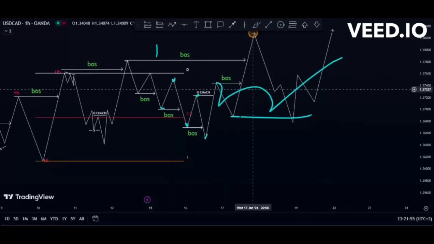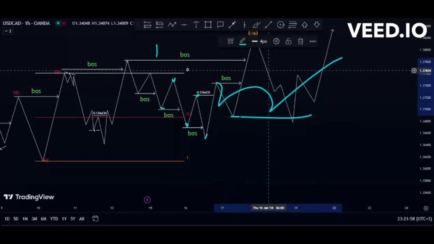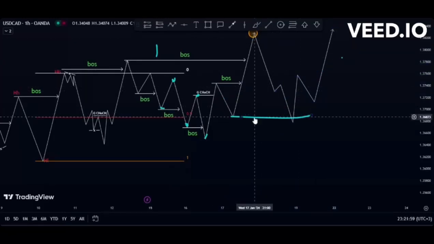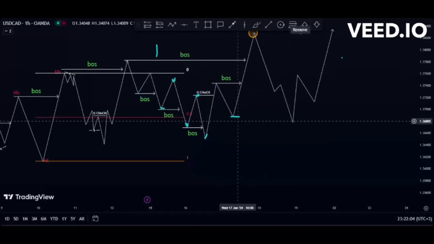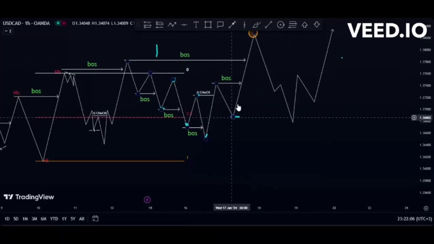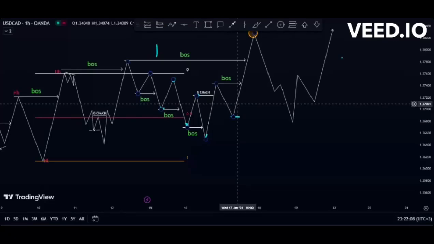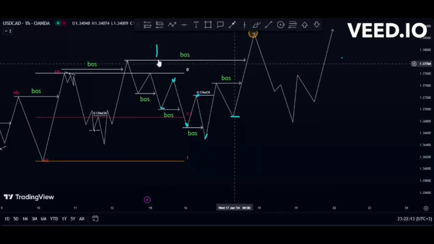After this previous lower high is broken, we now consider the internal structure to have turned bullish. Then we wait for the break of structure.